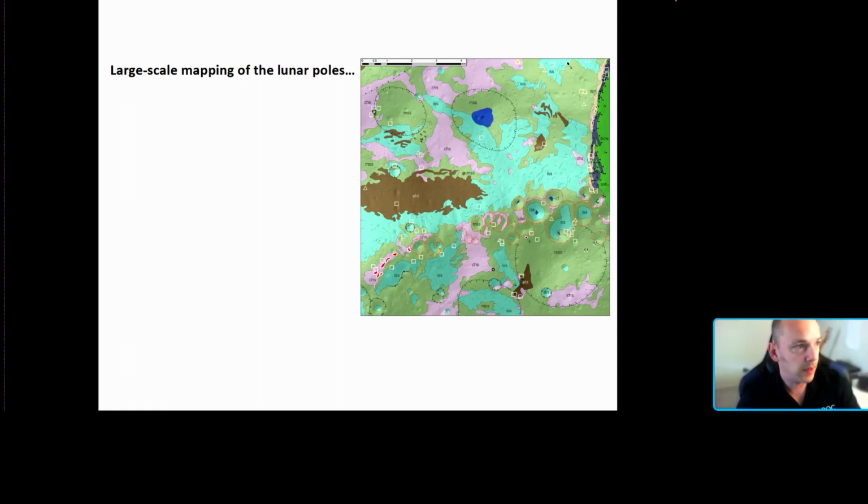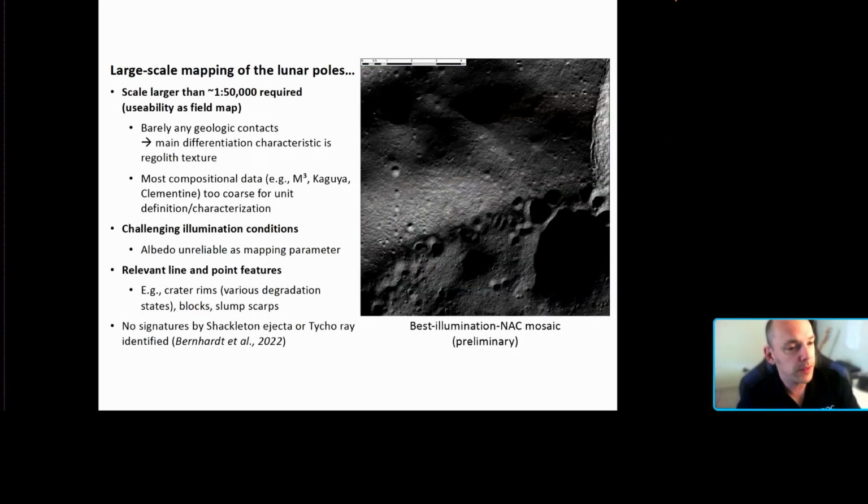So mapping the moon at such a scale, and then around the poles, is a specific challenge. Next slide, please. The main problem is, of course, that at this scale, you don't really see actual geologic units. You see mostly textures and regolith. You don't see geologic contexts in the classical sense.